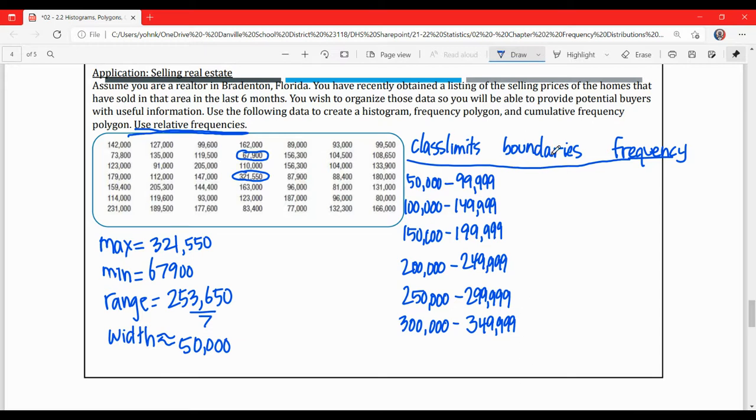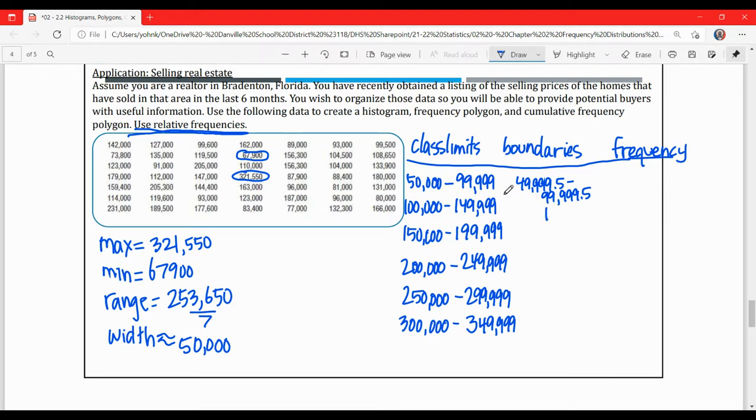Okay, class boundaries. Let's see. We want to close the gap, so we're 0.5ing. So 0.5ing back, 49,999.5 to 99,999.5. Maybe we'll just keep putting the boundaries.